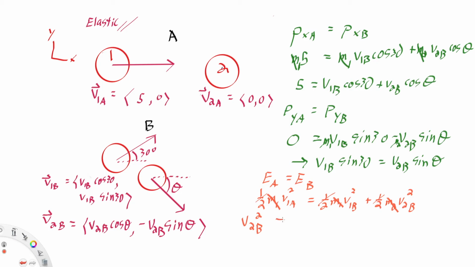So v2b squared equals v1a squared, which is 25, minus v1b squared. And we can just go ahead and take the square root of both sides. We get an expression for v2b in terms of v1b.